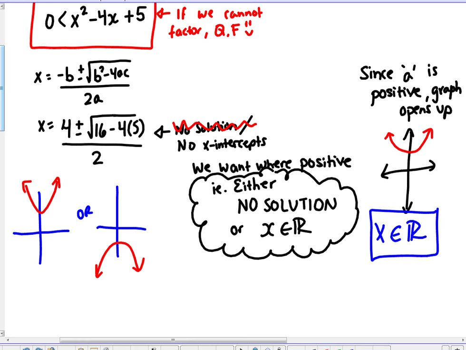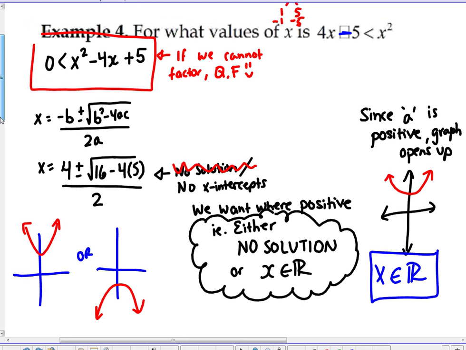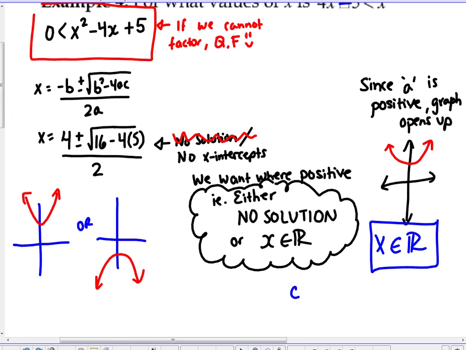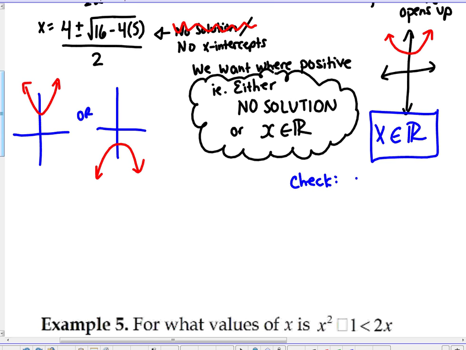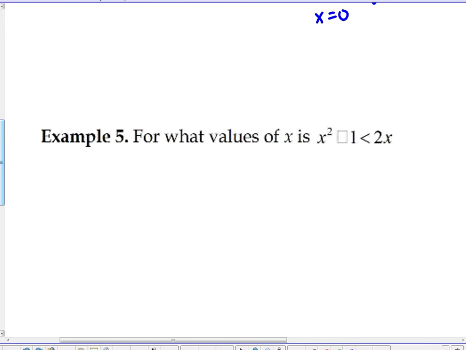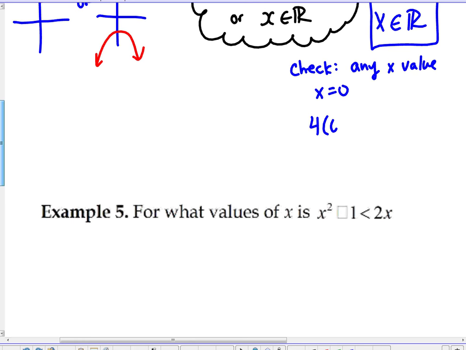Okay, can you check your work? Sure, pick any x value. Sure, 0, any x. So you can choose any x, because we have x element of the reals. So we're going to use x equals 0. And what was the original equation? 4 times 0 minus 5 has to be less than x squared.